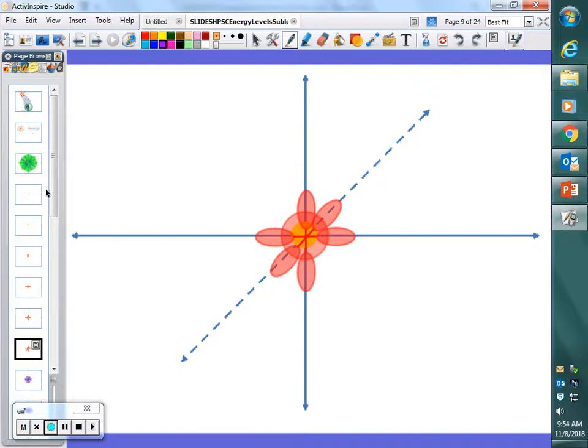Close to the nucleus, but far apart from each other, right? If you have one orbital on the x-axis, the farthest the next orbital could be from it would be on the y-axis, right? If it's tilted a little bit, it's going to be closer on one side than the other side. Are we following me on that one?